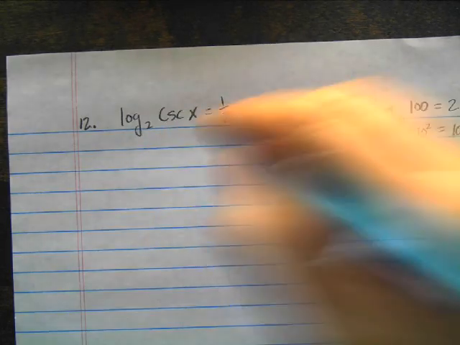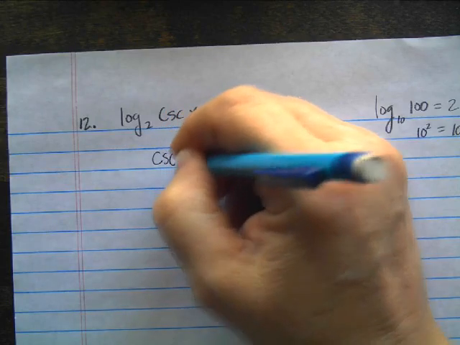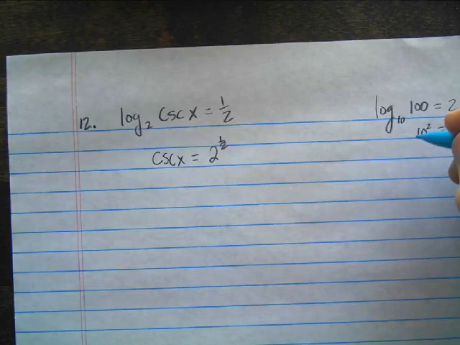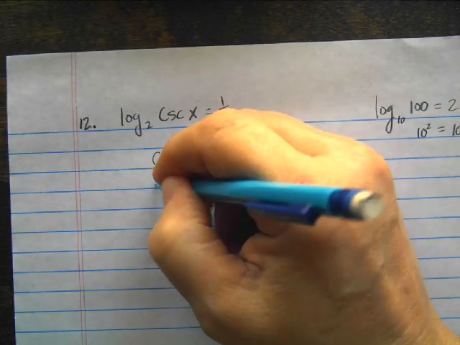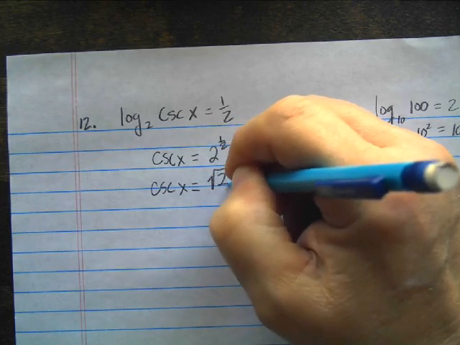So cosecant x equals 2 to the 1/2 to apply that definition, or cosecant x equals the square root of 2.